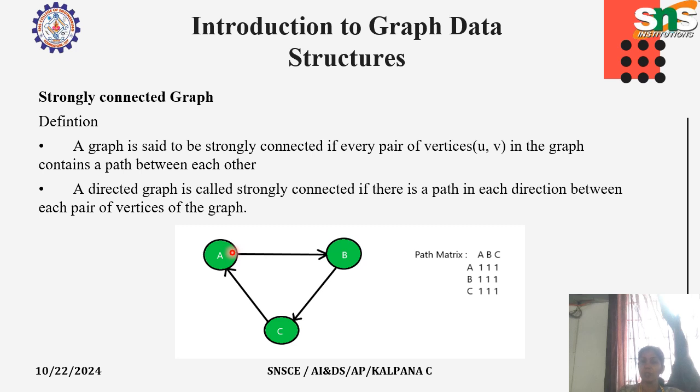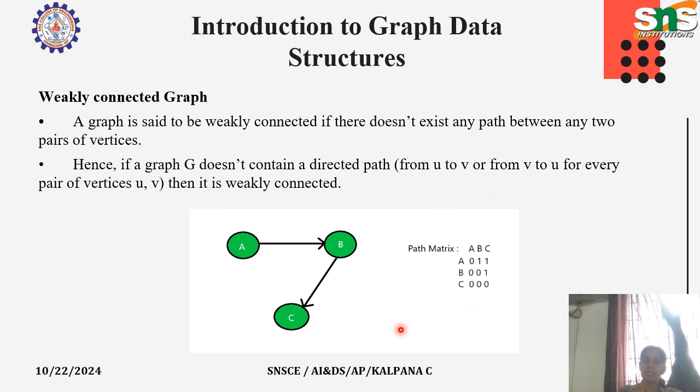When you have a graph like this, we call it a strongly connected graph. A directed graph is called strongly connected if there is a path in each direction between each pair of vertices of the graph. When you draw a path matrix ABC, from A to A there is a connection, A to B, B to C, there is a connection.